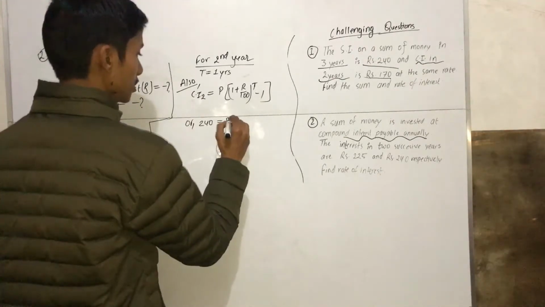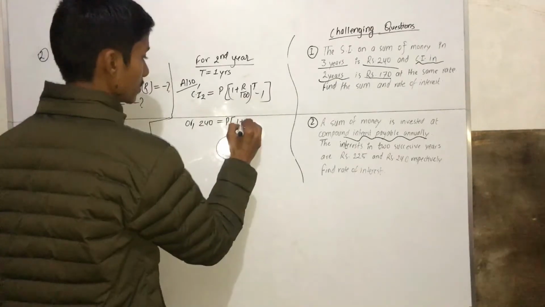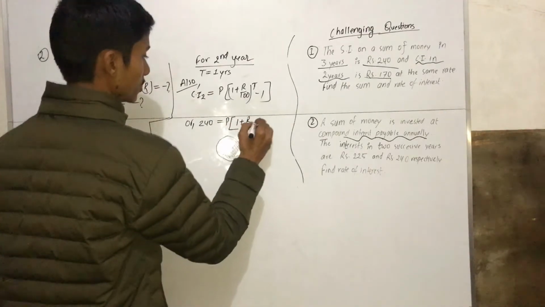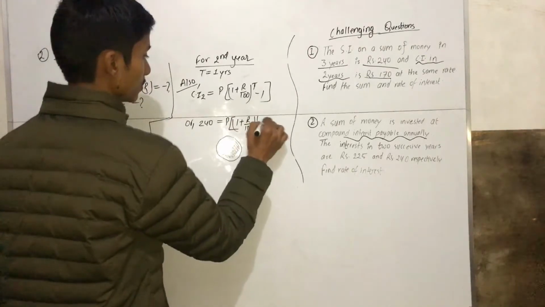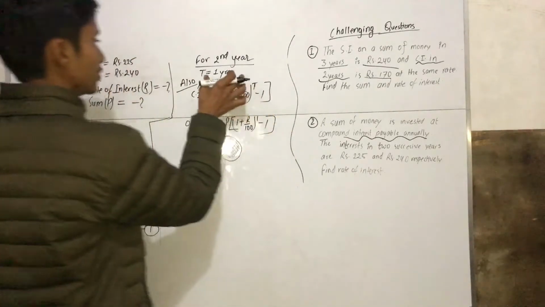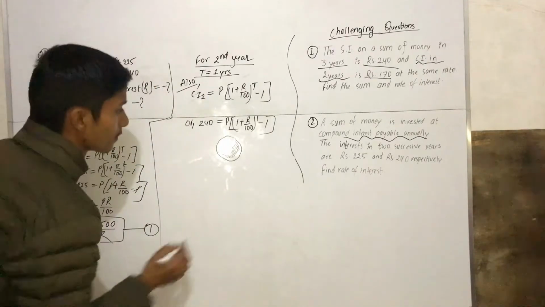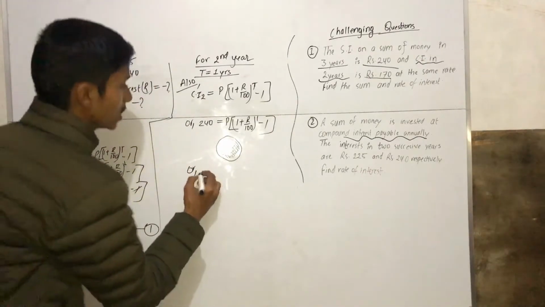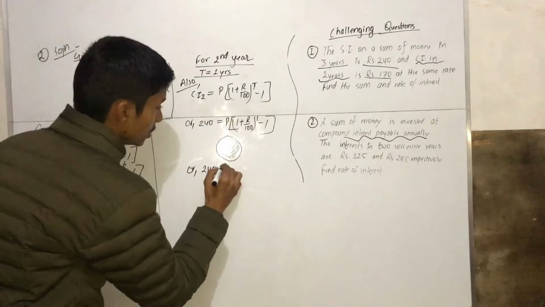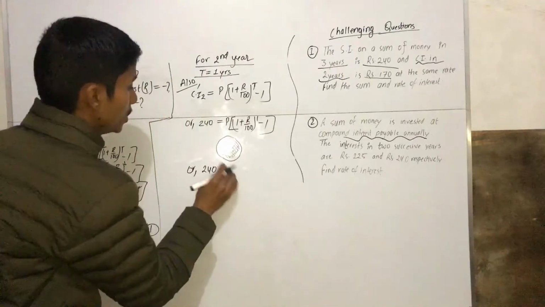Similarly, P times (1 plus R by 100) to the power 1 minus 1, because our time is only 1 year. Now we write 240 is equal to P.